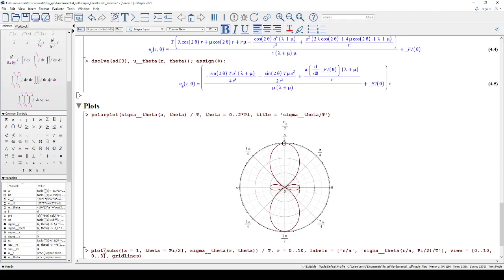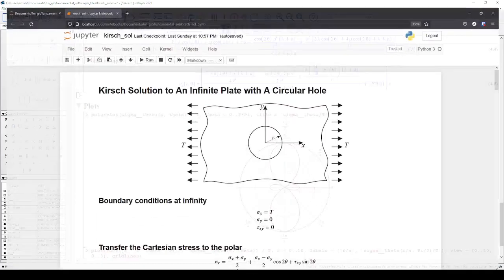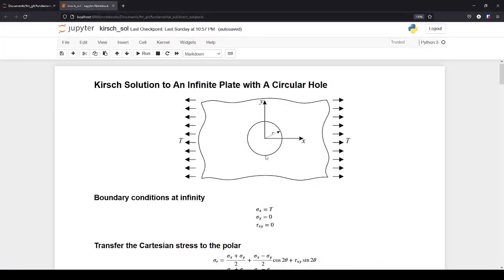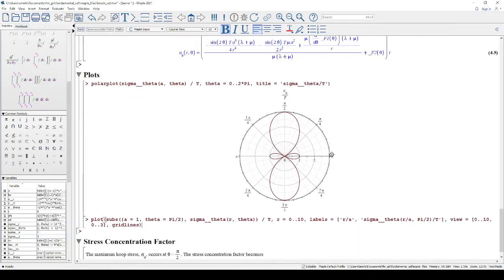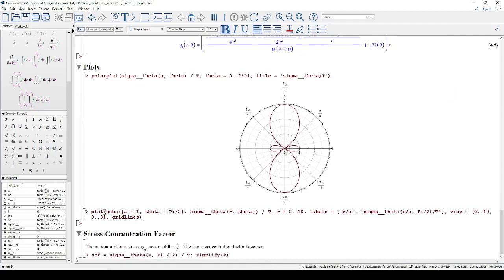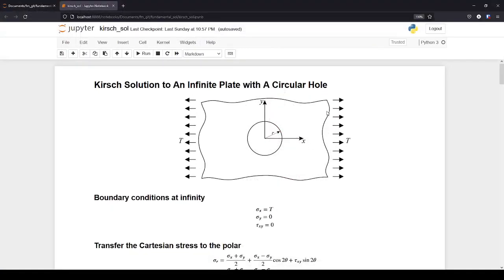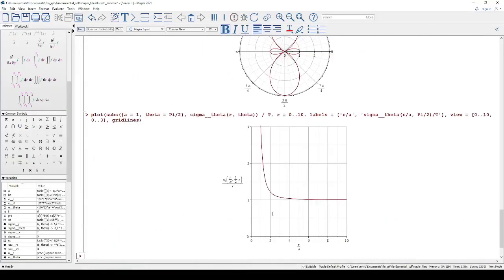So this becomes quite critical here and here. We have high stress concentration or high amount of distortion here and here. And if we plot sigma theta along the x-axis to see how it varies, we get a singular kind of solution.